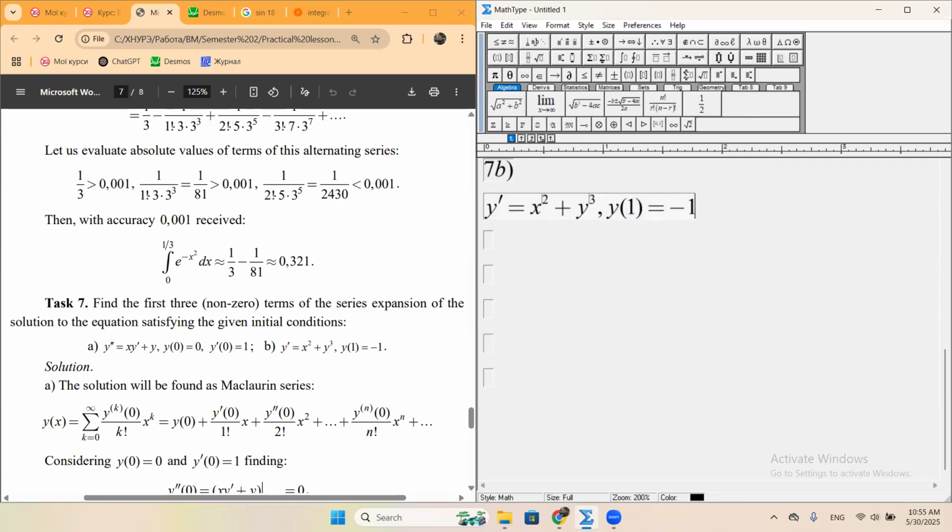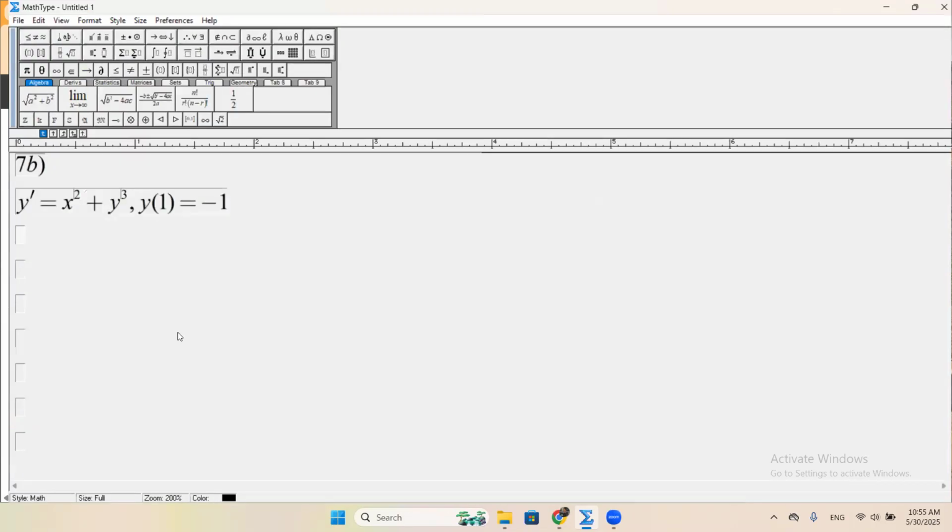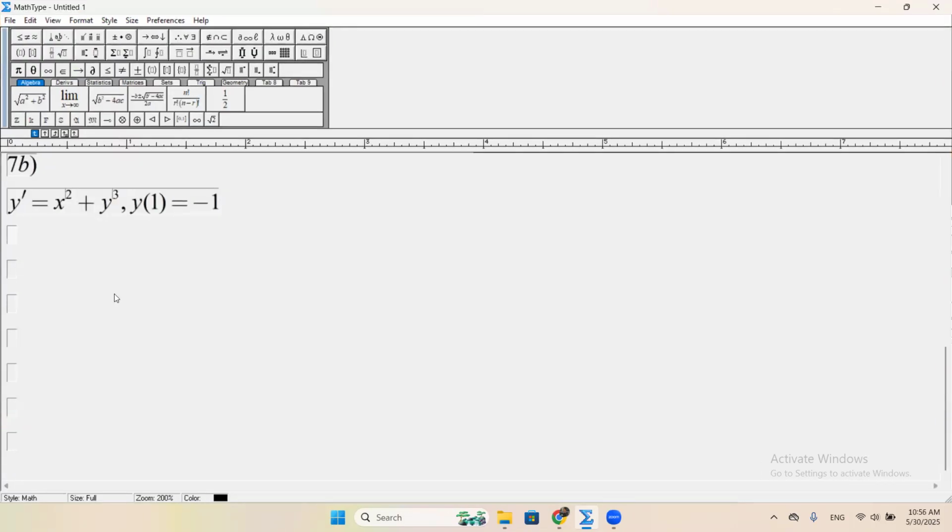So here we have the first order. Okay, so let's calculate these terms. So y prime from 1 will be equal to 1 minus 1, so it will be equal to 0. And now let's calculate the second derivative.